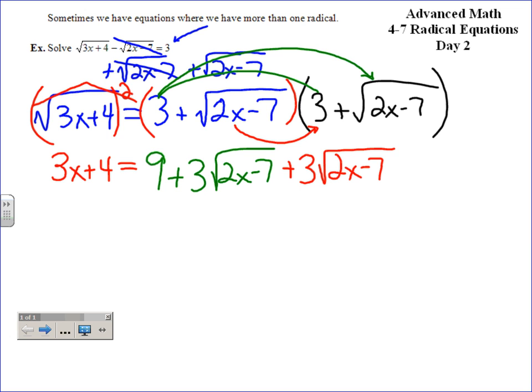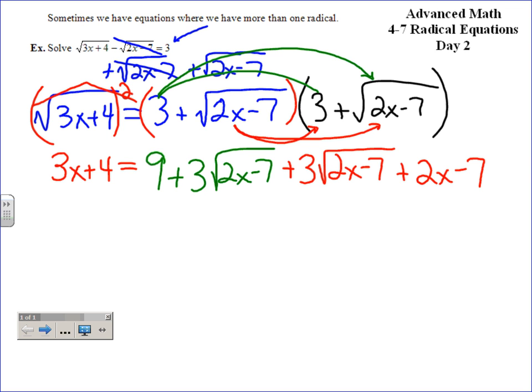I have to now take the square root of 2x minus 7 times the square root of 2x minus 7. In other words, I'm taking it times itself, right? So I'm really just squaring it, right? So I have a square root and a square. What really happens there? Yeah, they kind of cancel, right? And so really it's just that. Because I took it times itself, so I squared it. So the square and the square root cancel.